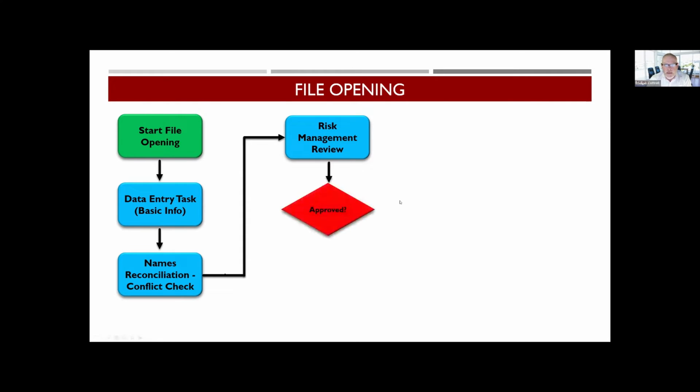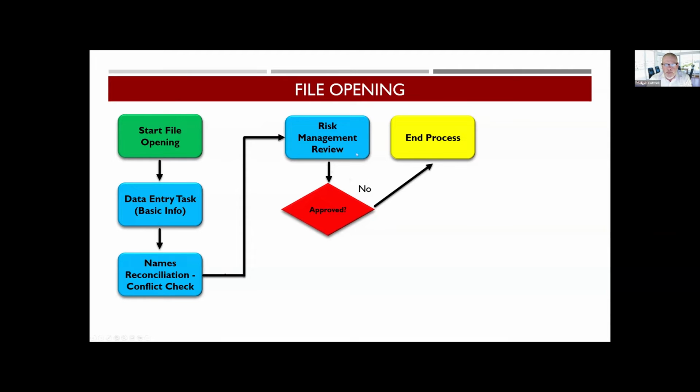So if that conflicts review turns out that there is a substantial conflict and the firm cannot take on the matter, so it's not approved, often that will just end the process. You may, in some cases, create a matter that is rejected if you're a firm that tracks that information.